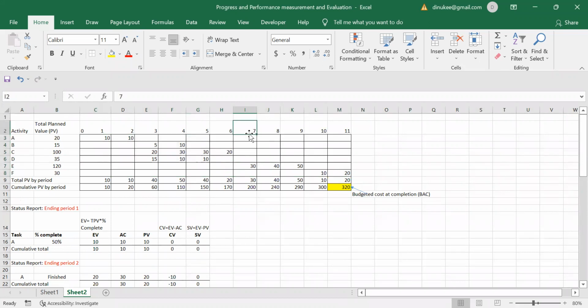So at the ending of period 7, you are asking that the C activity must be completed. These are given to you as budget, right? But when we are actually doing that activity, it is not actually completed 100%. That's why I am telling it as 90% completed.